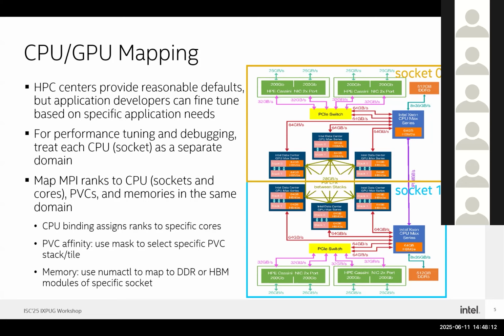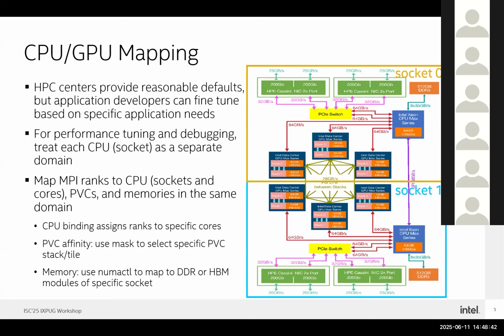Typically now you don't need to worry about the NIC, MPI will figure out which NIC to use. But for CPU and GPU mapping, it's good to be explicit so that when they change any default, your application is not impacted. Or when you're debugging, you need to know specifically where something goes wrong. And it's good to know the ID of the core as well as the GPU and the tile.